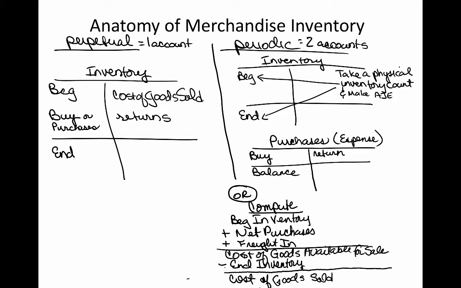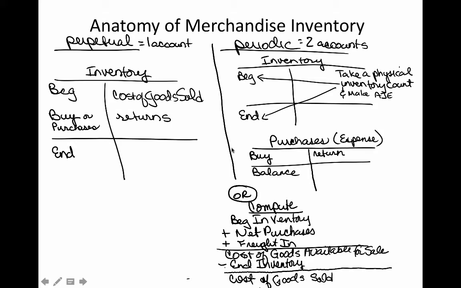When we look at inventory, there's two major approaches. One is the perpetual approach. The perpetual approach is used with companies that have computers, barcodes, RFID tags, scanners. They have one account called inventory, and that inventory tracks all the inventory costs until such time as they're sold or returned.